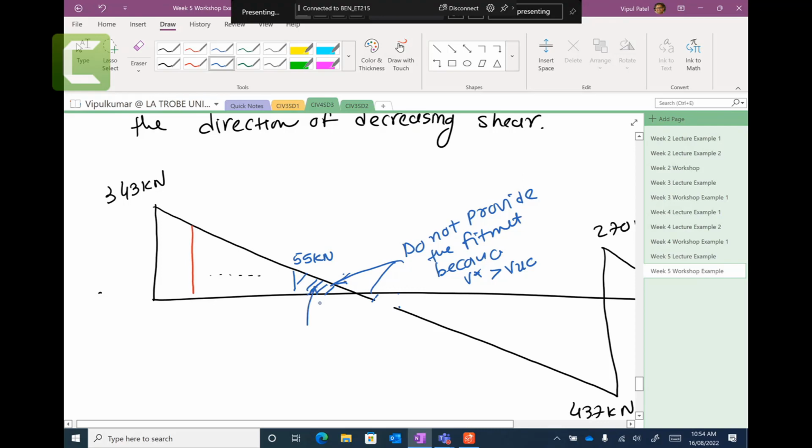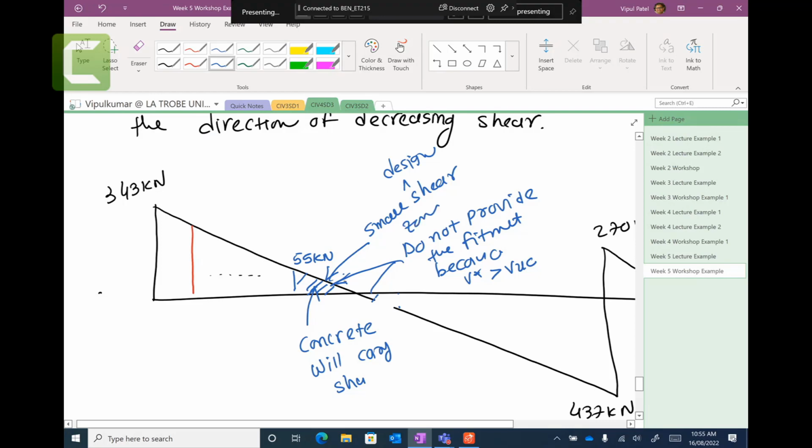What happens in this region? The concrete will carry the shear, and this is a very small design shear zone. So for that case, we don't need to provide fitments.